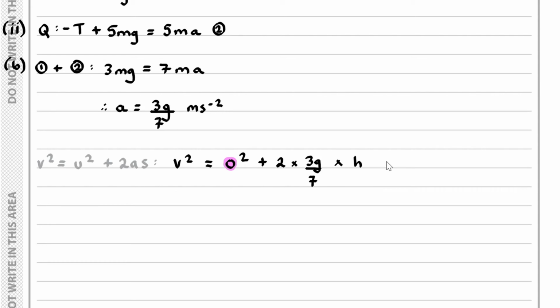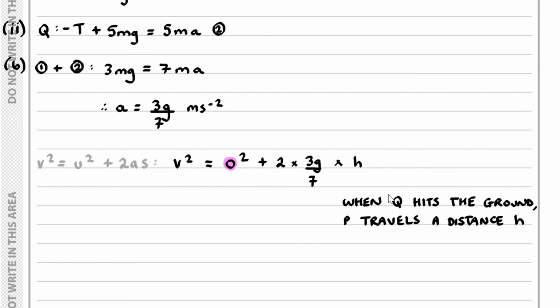When Q hits the ground, P travels a distance of h, which is where this h comes from.